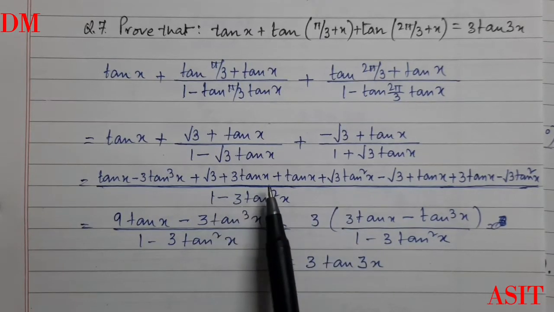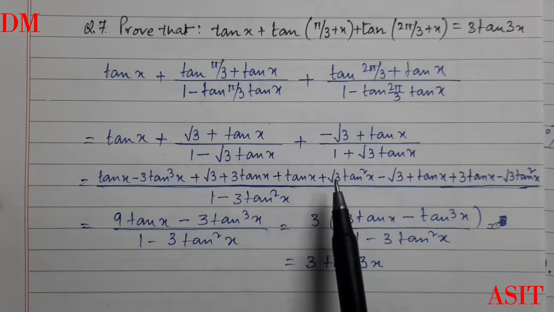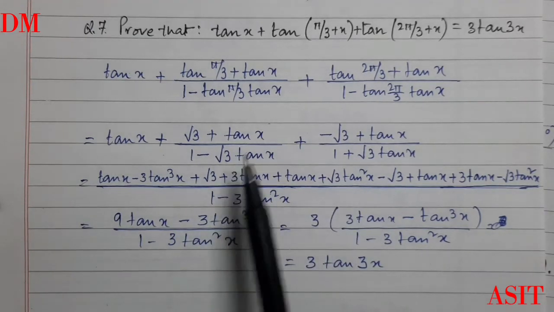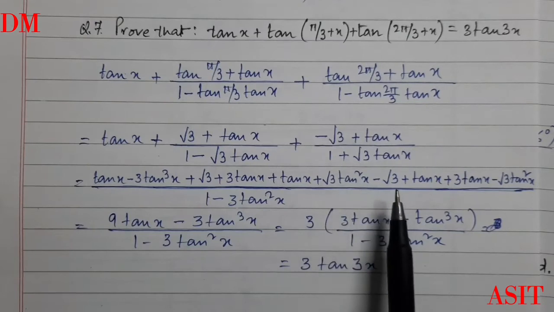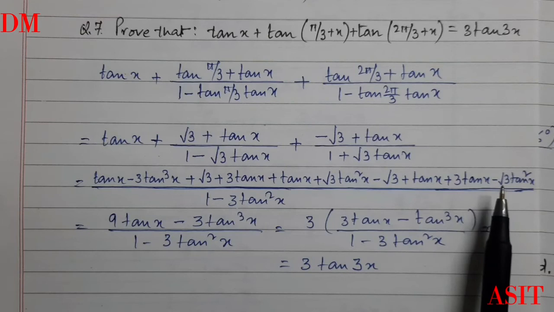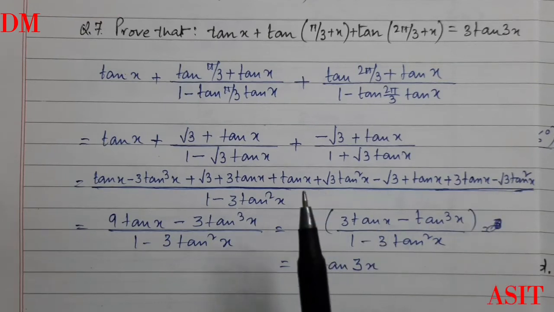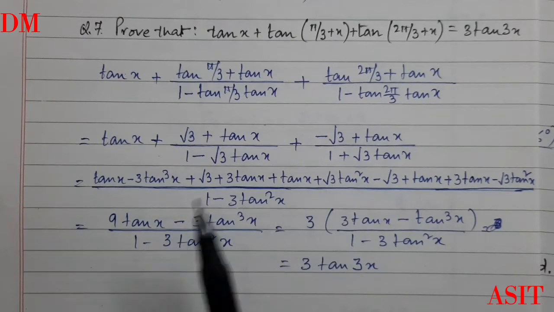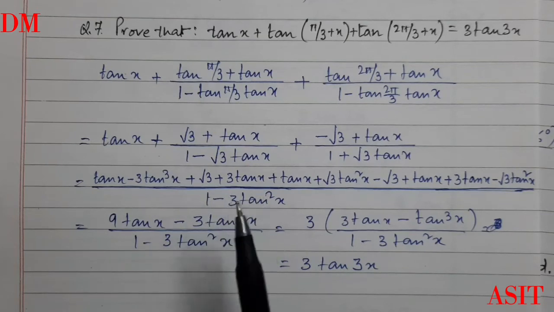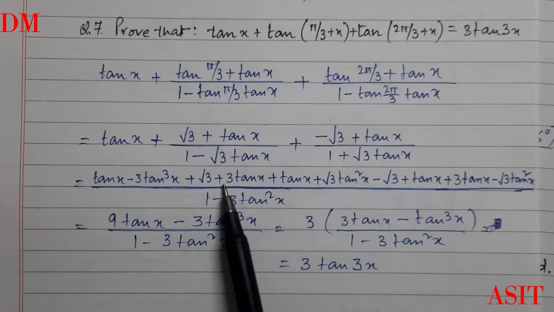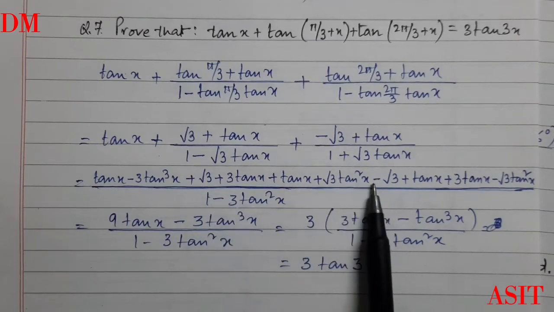So root 3 plus 3 tan x plus root 3 tan square x. Now again we can multiply this and that, so we will get root 3 plus tan x plus 3 tan x minus root 3 tan square x. Now we can see that root 3 tan square x can be cancelled out, and root 3 we can also cancel out, minus root 3.